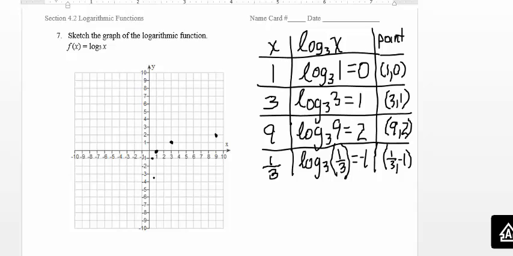And it turns out that if my base is bigger than 1, my log function will always have this type of shape. And we'll look at graphing that on Mathematica as well.